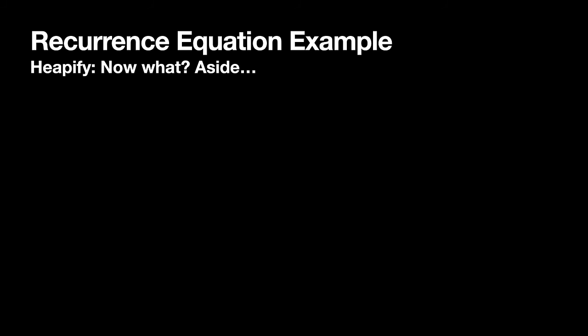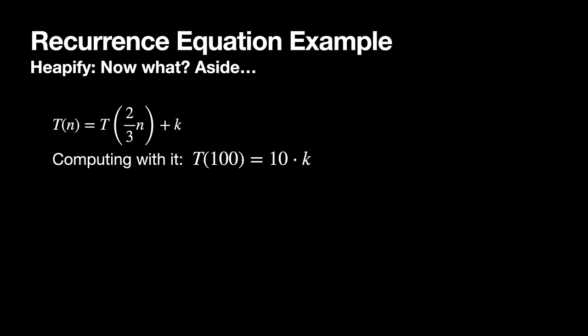Now, a brief aside. If we think about computing with t of 100, and we ended up getting 10k out of that, what if we'd had a bigger problem? What if we wanted to find out the amount of time it takes to solve a problem of size 150? Take a minute and think about this.